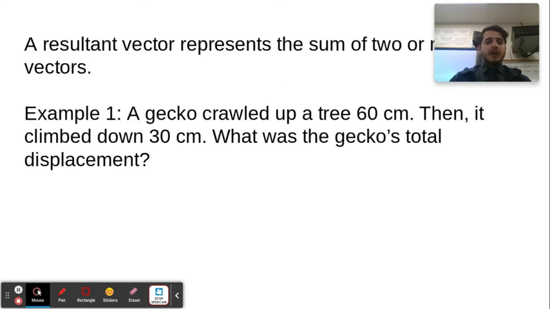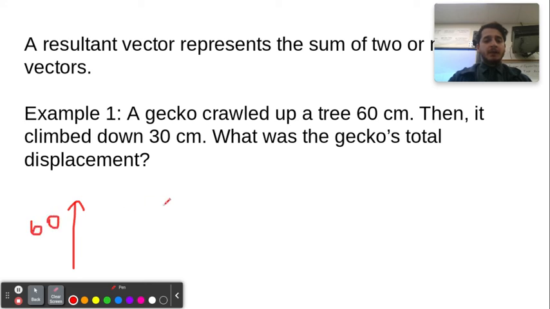Now, say you had a gecko and it crawled up 60 centimeters, and then it climbed down 30 centimeters. What's the gecko's total displacement? We could think of that in terms of the resultant vector as being a combination of two single vectors. So it went up 60, and you'll have to forgive me for how bad that looks.